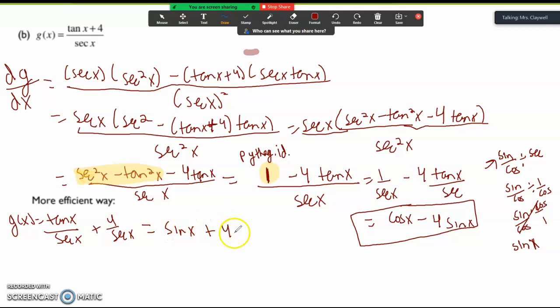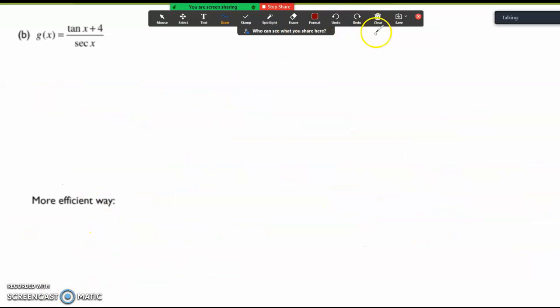And then this becomes 4 cosine x. So the derivative would really just be cosine x minus 4 sine of x. So a lot of these are taking what we used to do and just applying these new rules.